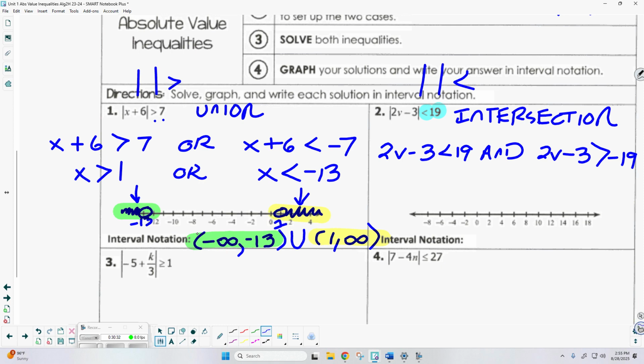Now, you walk me through this. How would I solve the first one? So that would be 2v is now less than 19 plus 3, 21. And now what? So what would v be less than?